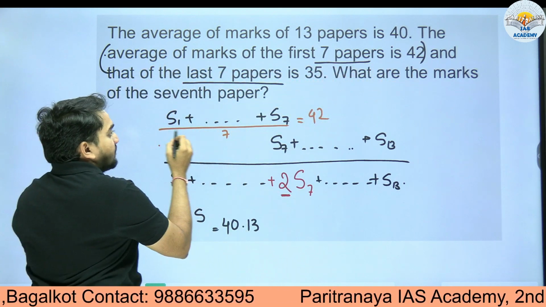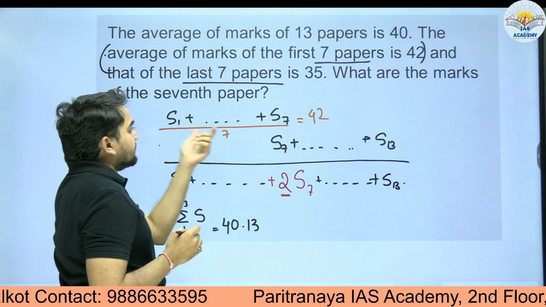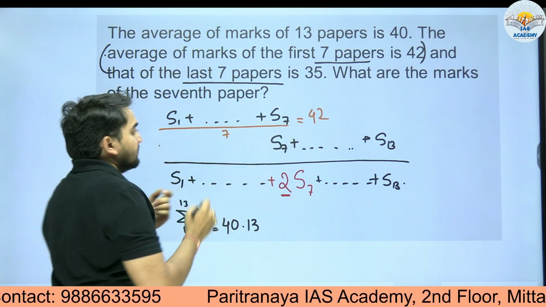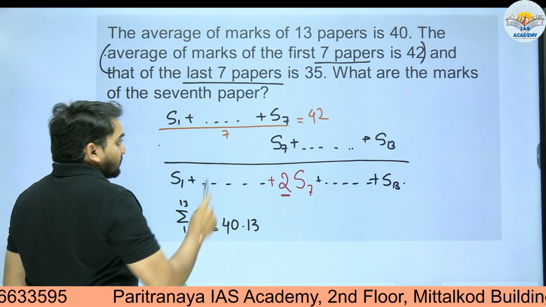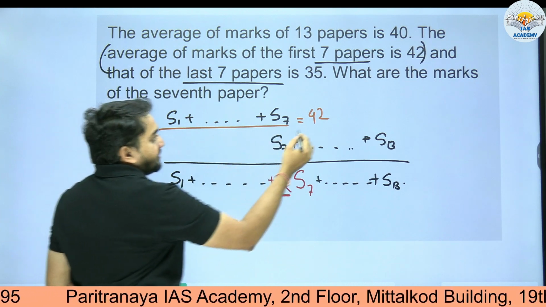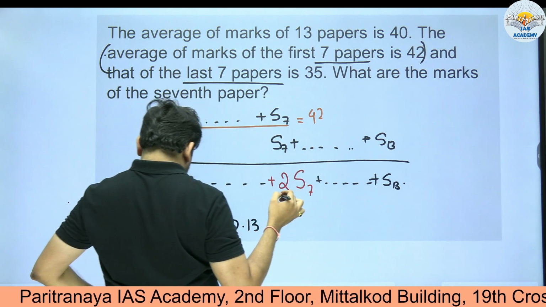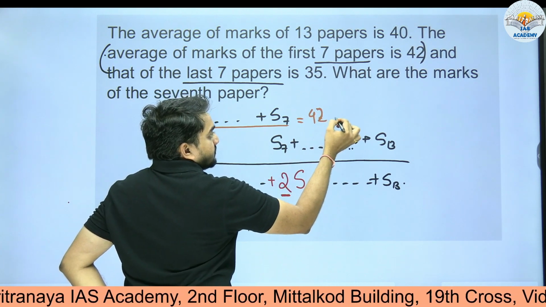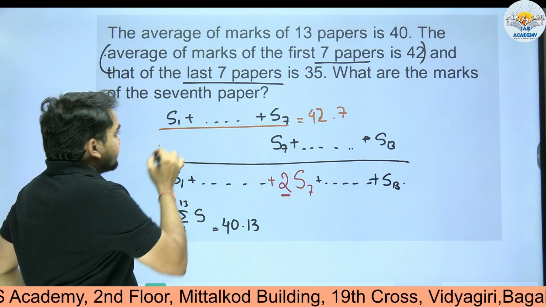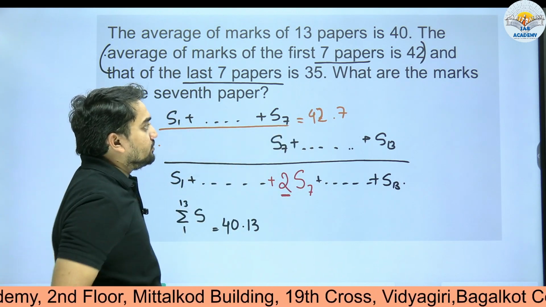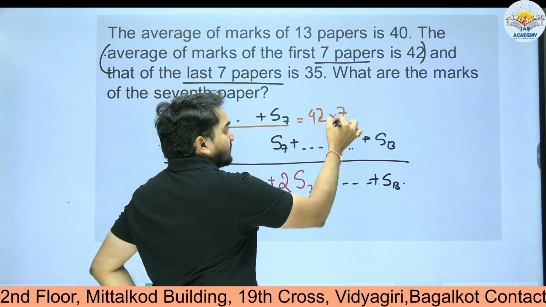So I have 7 papers, marks S1, S2, S3 up to S7, and the average is divided by 7 into 42. But what I can do here is directly multiply by 7. So S1 up to S7 is 42 into 7.